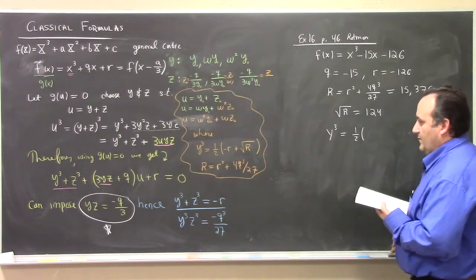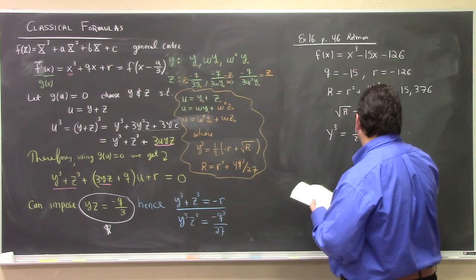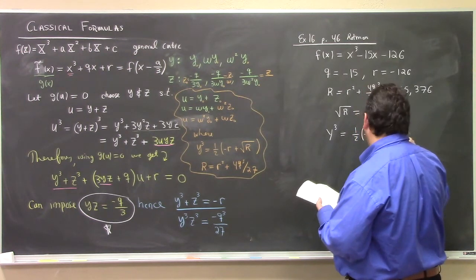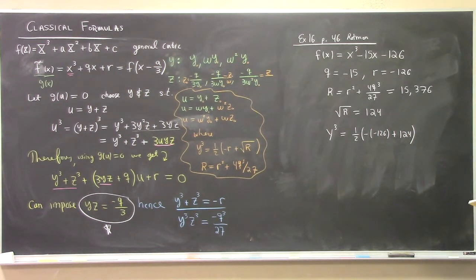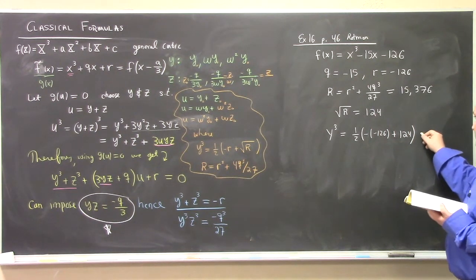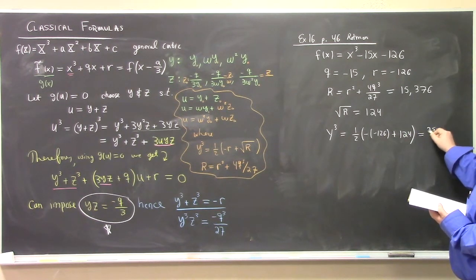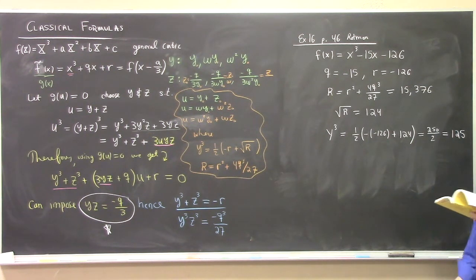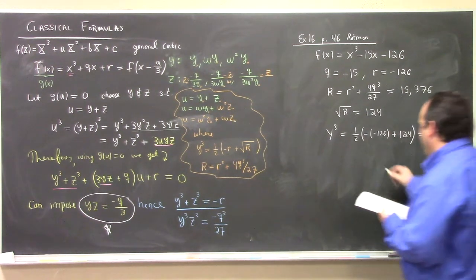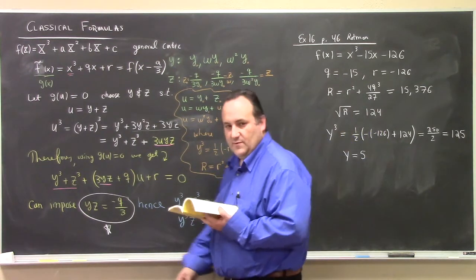So the formula is minus r, which is minus minus 126, plus the square root of R, which here is 124. So what we've got is 250 over 2. So it looks like y cubed is 125. Man, this example is nice. So y is 5, because the cube of 5 is 125.